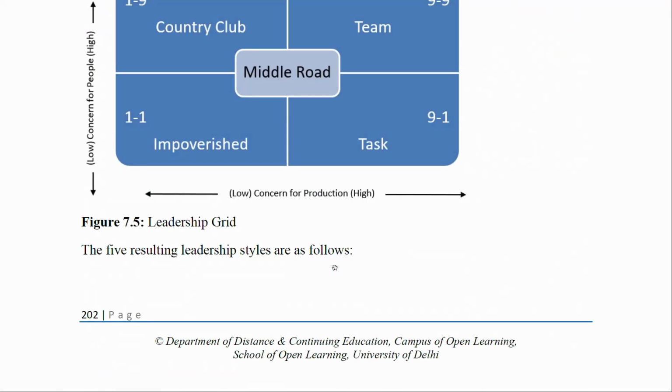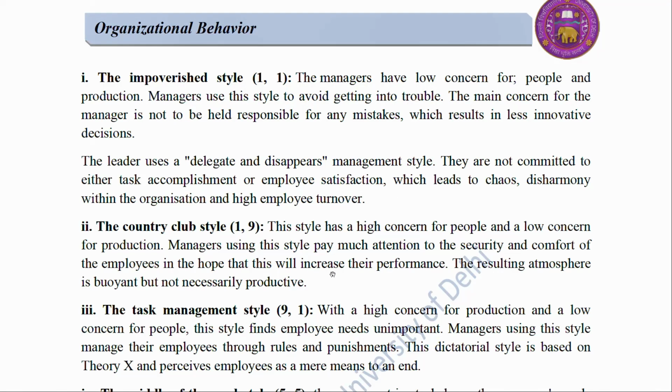The 5 resulting leadership styles are as follows. First, the impoverished style, that is 1,1. The managers have low concern for people or production. Managers use this style to avoid getting into trouble. The main concern for the manager is not to be held responsible for any mistakes, which results in less innovative decisions.